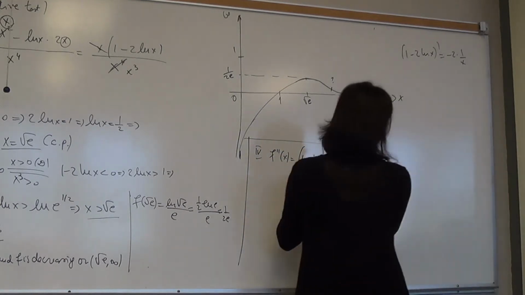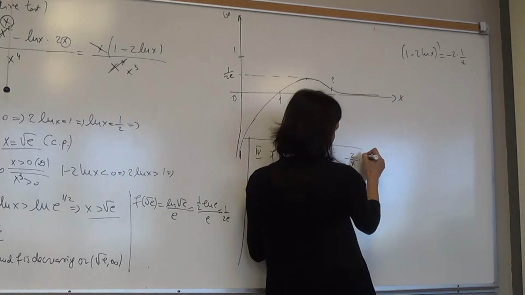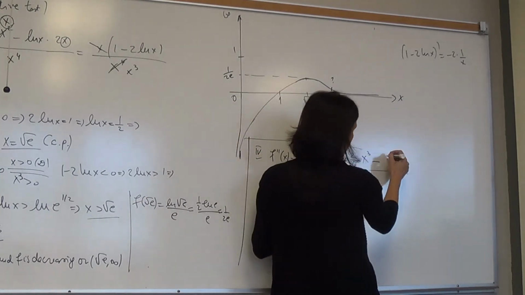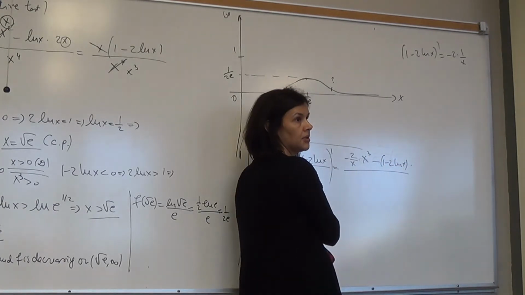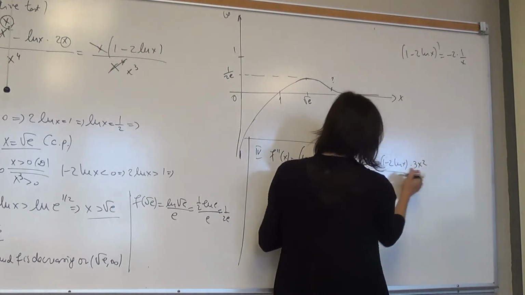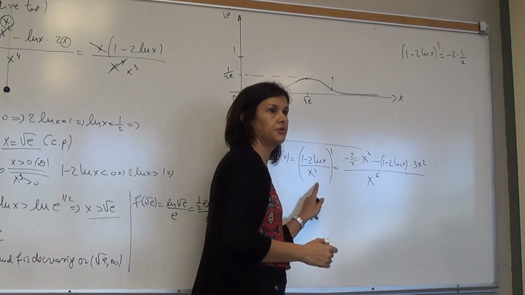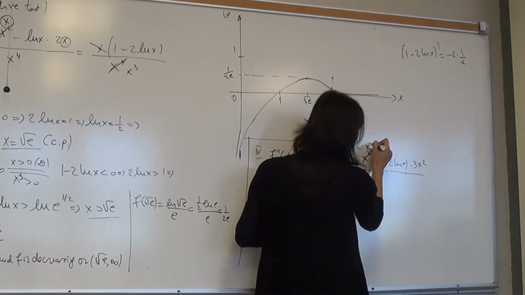So the derivative of the numerator is -2/x times the denominator x cubed, minus the numerator as it is, 1 minus 2 ln of x, times the derivative of the denominator, which is 3x squared, over the denominator squared. This is the quotient rule. Squared means to the power 6. You can simplify here, so you're left with an x squared.